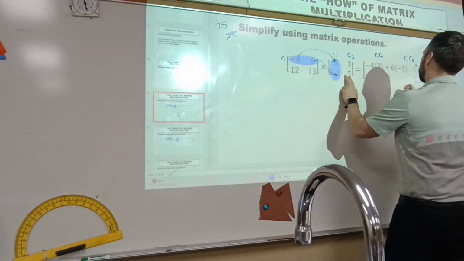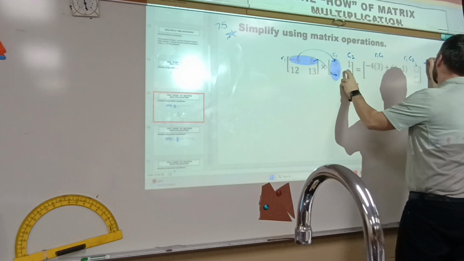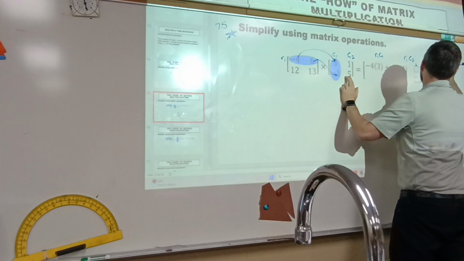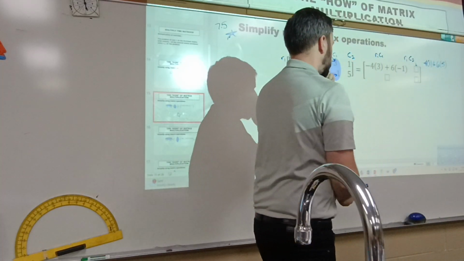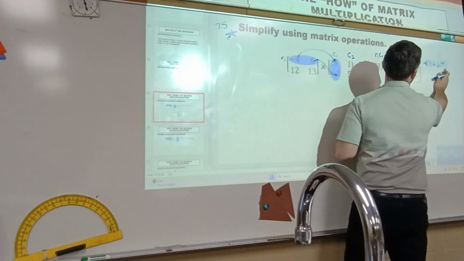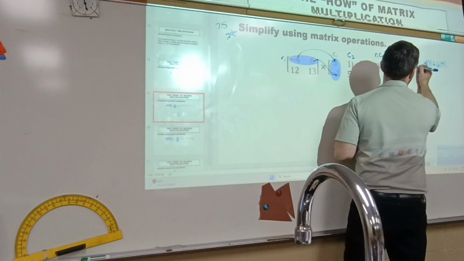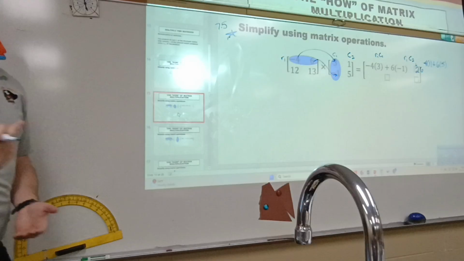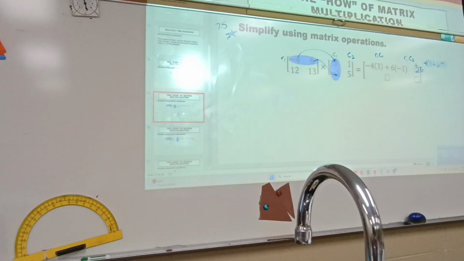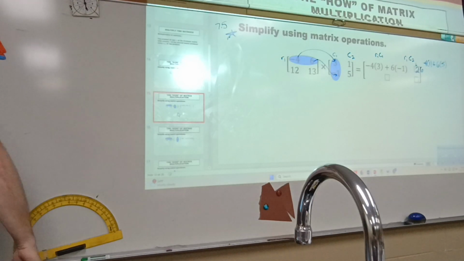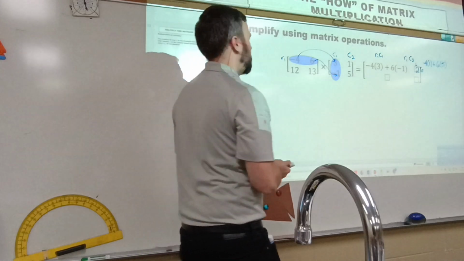So I do negative 4 times 1 plus 6 times 5 will give me that second box. That's 30 minus 4, 26. Okay, if you go through your packet, a bunch of the slides now are showing you the row times column. So if you want to see it that way, that's fine. I'm just going to do it right now so you guys have a written version of it.